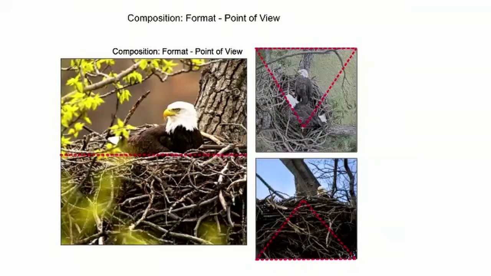The one on the lower right, if we're talking about format and point of view, I like to call a worm's eye view. You're looking from the ground up to the nest. And the one at the top is kind of funny because that's a bird's eye view of an eagle's nest. So it's looking down on it.